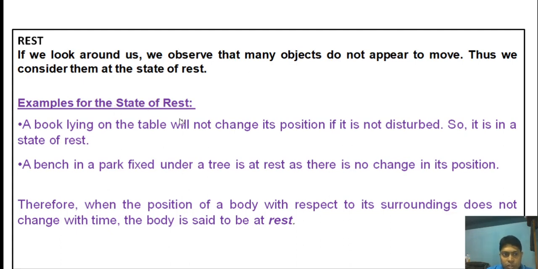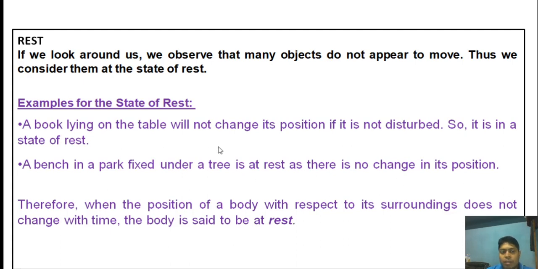Examples of the state of rest: First, a book lying on the table will not change its position if it is not disturbed. So it is in the state of rest. Number 2, a bench in a park fixed under a tree is at rest, as there is no change in position.